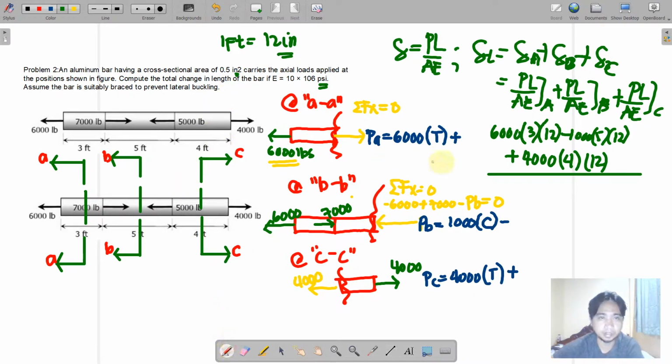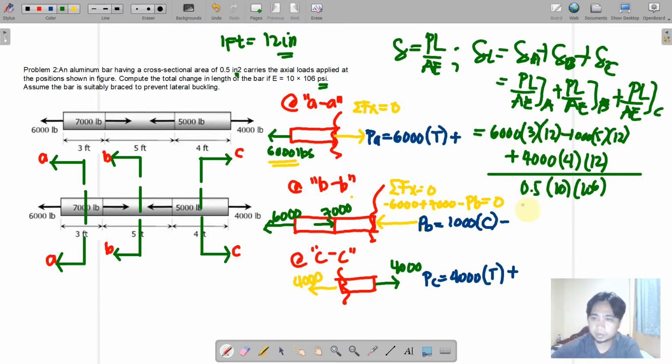So what's the area? 0.5 inches squared times 10 times 10 raised to 6 psi.